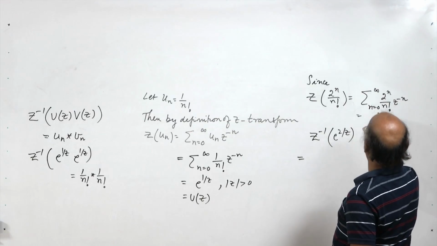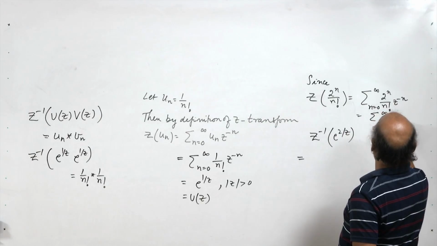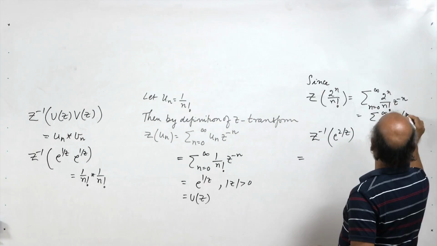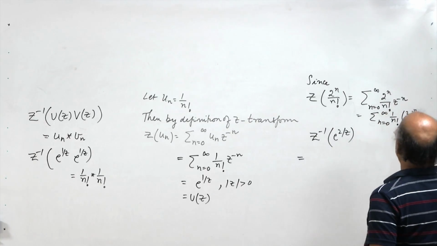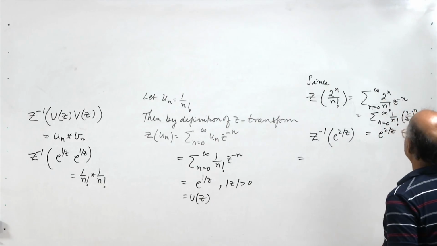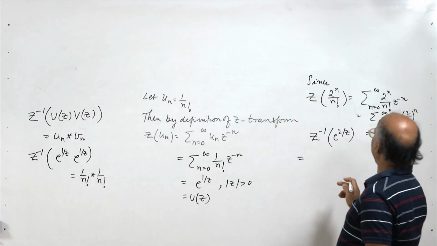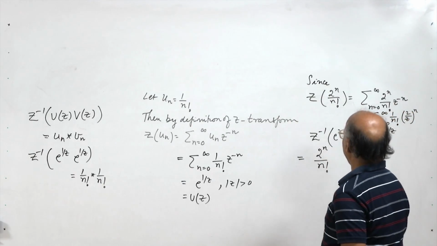So, I can write it as summation n equal to 0 to infinity 1 by n factorial (2 by Z) to the power n, and therefore, it is e to the power 2 by Z. So, Z inverse of e to the power 2 by Z is nothing but 2 to the power n by n factorial.